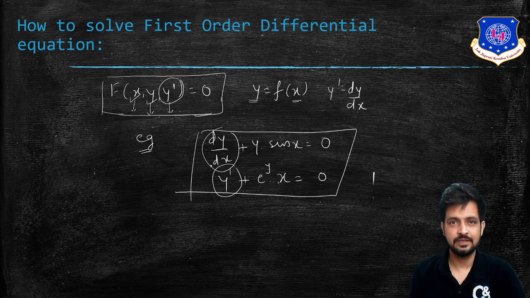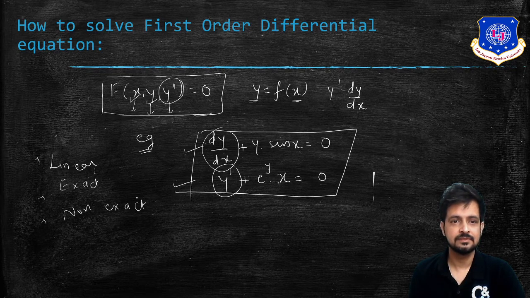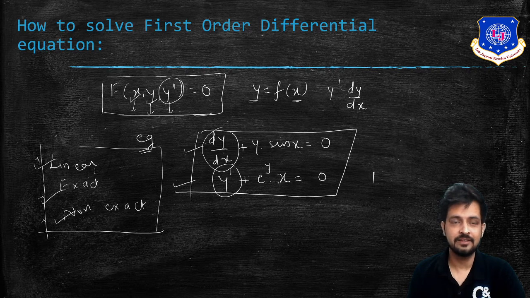In maths 1 and 2, you have already studied how to solve these types of equations. If you remember, there are basically three types of differential equation: linear, exact and non-exact. These are the conventional methods. In the sense, first of all, you have to identify that the given differential equation is linear, then apply the steps of the linear equation.